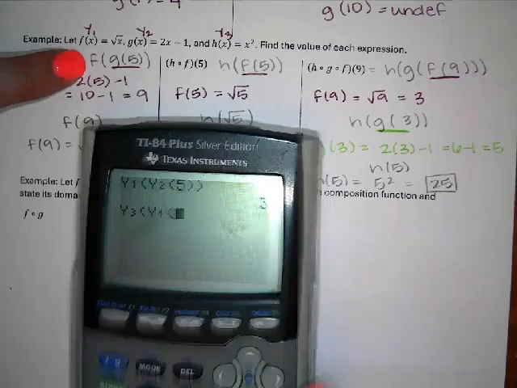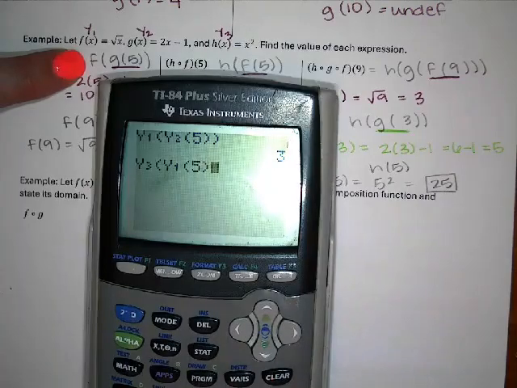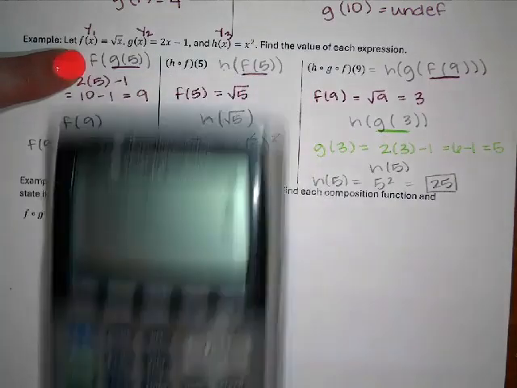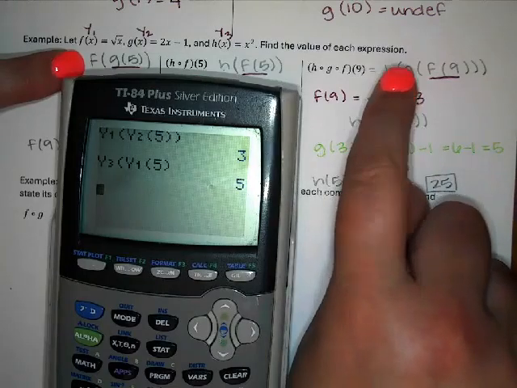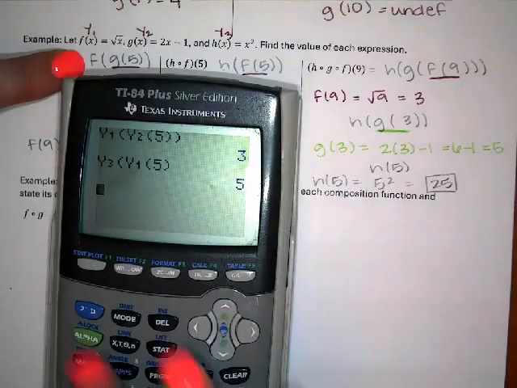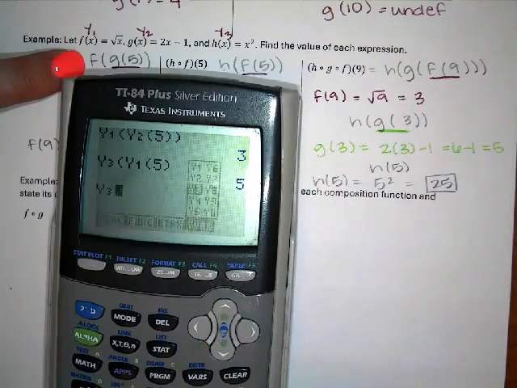And then this one would be y3 of y2 of y1 of 9.